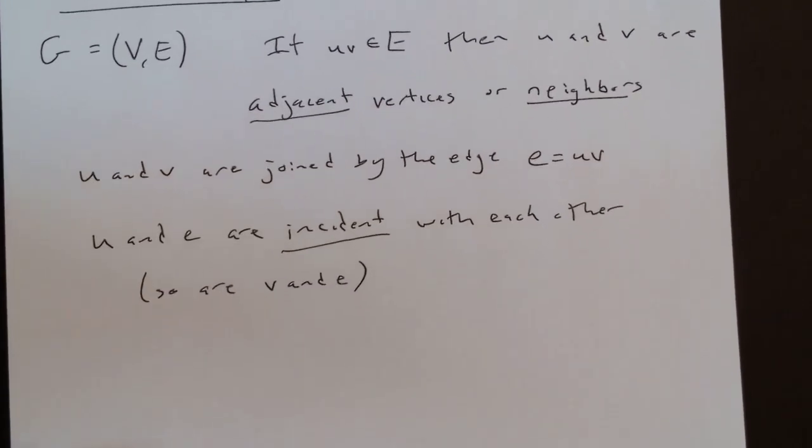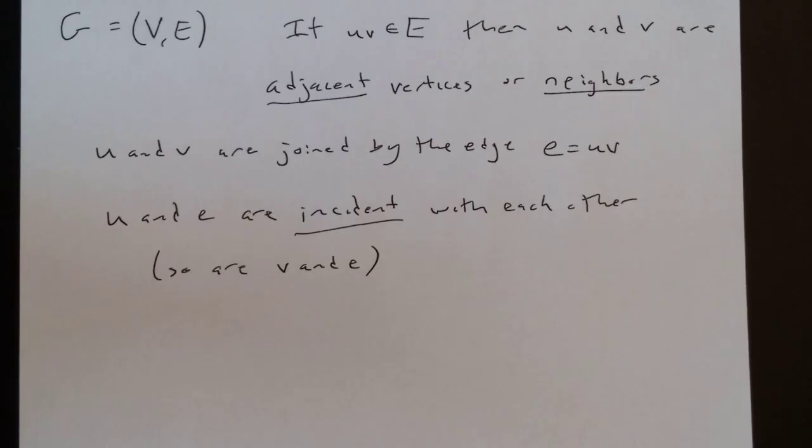So if I have an edge and it's got the vertices U and V connected by that edge, then those are the vertices that are incident to that edge. If I want to think about things that are adjacent, I have to think about something being between them. So the edge is between the two vertices, but there's no reason not to have two edges touch the same vertex, right? So I could have adjacent edges.